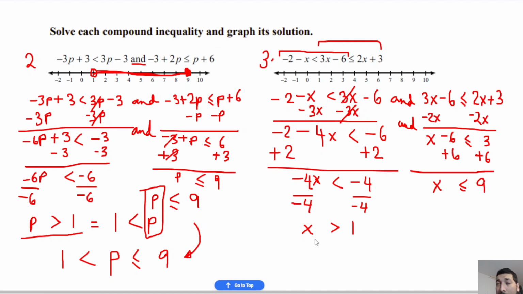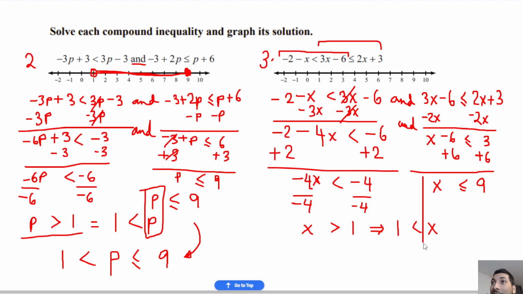Now you can see that here the minimum value is 1 and the maximum value is 9. So x should lie between 1 and 9 since this is an AND inequality. So we can reverse this inequality. We can rewrite this as 1 less than x. So we have the same inequality represented like this. x greater than 1 is same as 1 less than x.